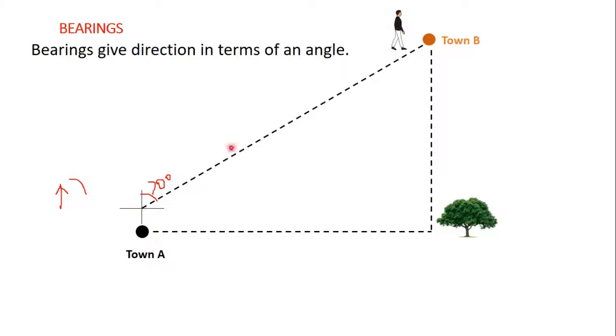Because here we are giving the bearing of town B from town A, this 70 degrees here, is referred to as the bearing of town B from town A. So bearings give directions in terms of angles. I hope that is clear by now.